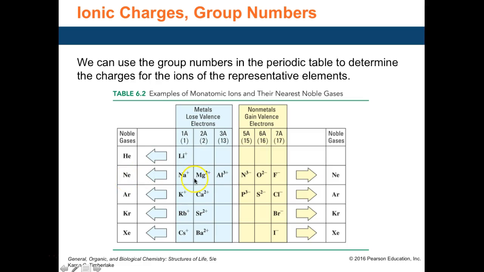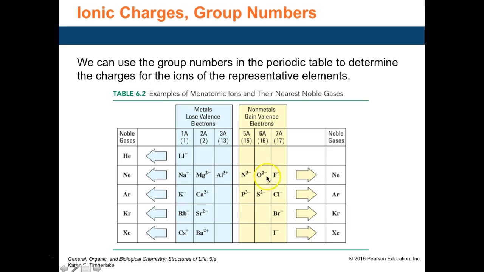Okay. Now, the non-metal ions, their electron configuration is like the noble gas that comes after it, that succeeds it, all right, because they gain electrons, and that is determined as group number minus 8. So nitrogen would gain 3 electrons, hence the 3 negative charge.